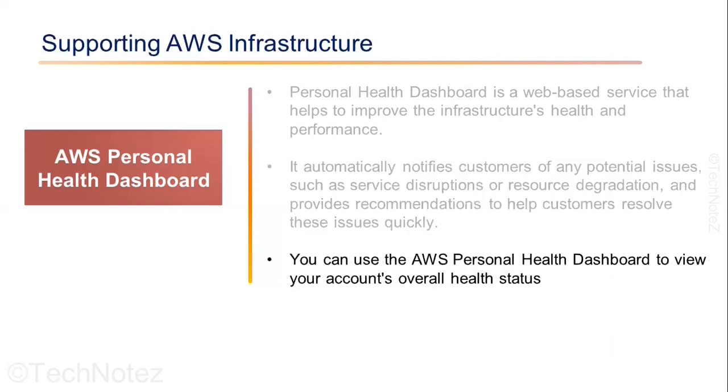Customers can use the AWS Personal Health Dashboard to view their account's overall health status, review the notifications and alerts, and manage their AWS resources. They can also customize the dashboard settings and filters to receive alerts for specific services or resources. The AWS Personal Health Dashboard is free to use and available to all customers. Customers can access the dashboard through the AWS Management Console, AWS CLI, or AWS SDK.